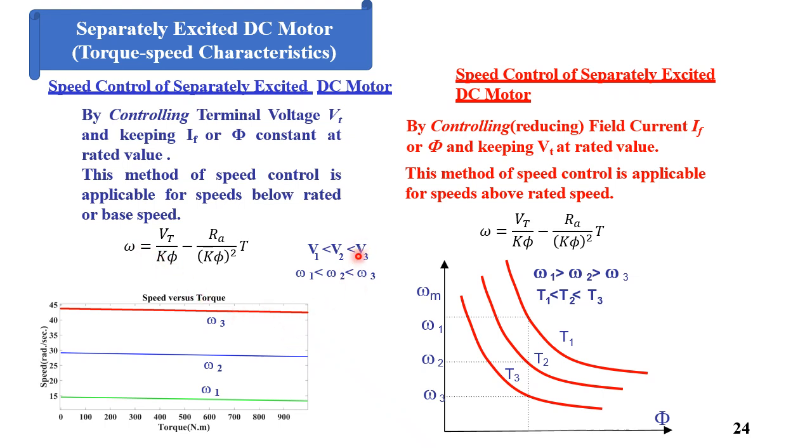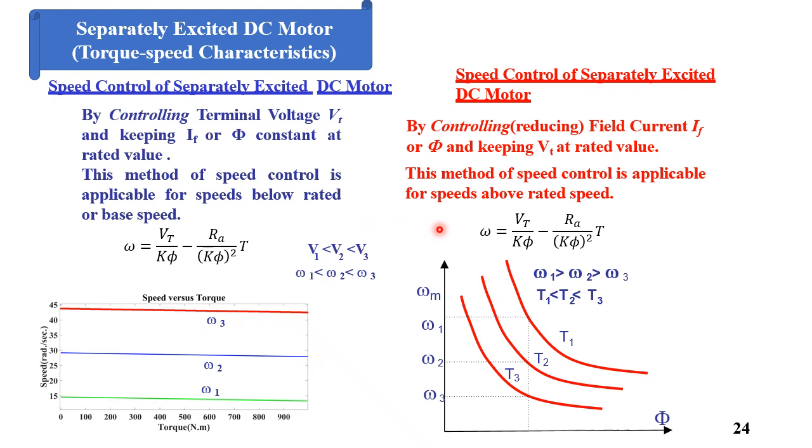Here V3 is the biggest one, then omega 3 is the biggest omega. V2 is smaller than V3, where omega 2 is smaller than omega 3, and V1 is smaller than V2, then omega 1 is smaller than omega 2, as shown in the figure. This method is applicable for speeds below the rated speed or the base speed of the machine.